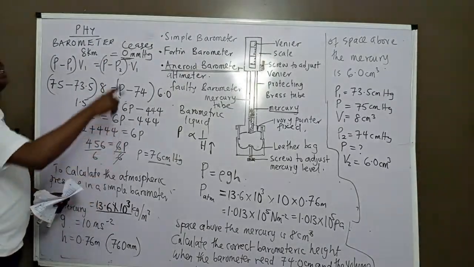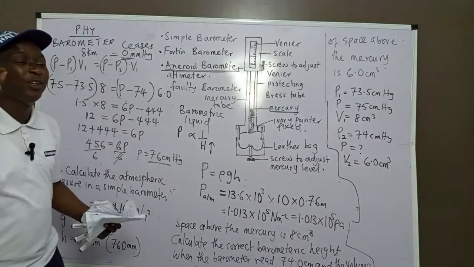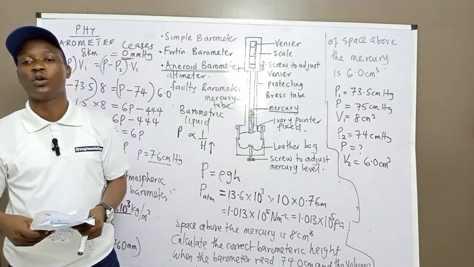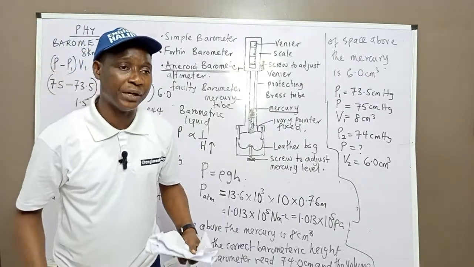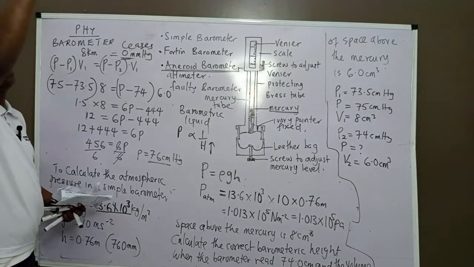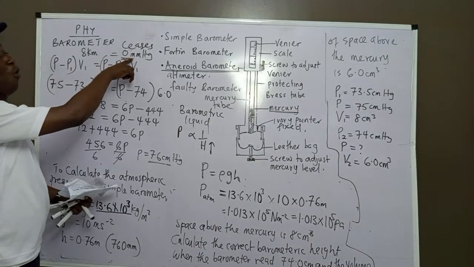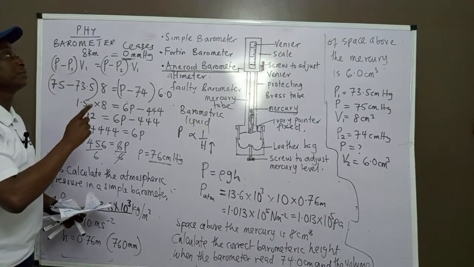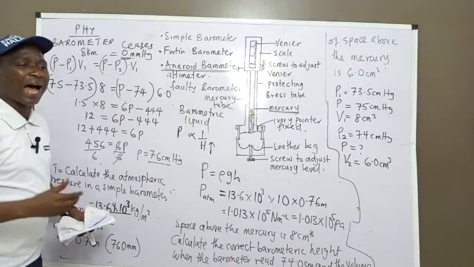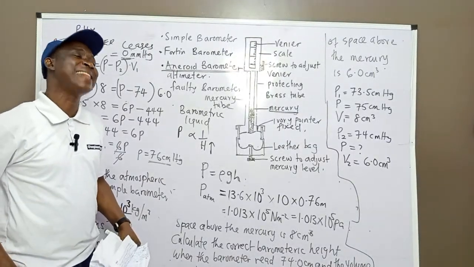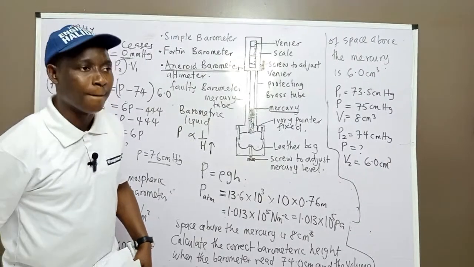It means that at 80 kilometer, the aeroplane ceases to have an atmospheric pressure. It means you get to a point where the aeroplane attains an atmospheric pressure of 0 millimeter mercury. Please take note of that word. Very, very important.